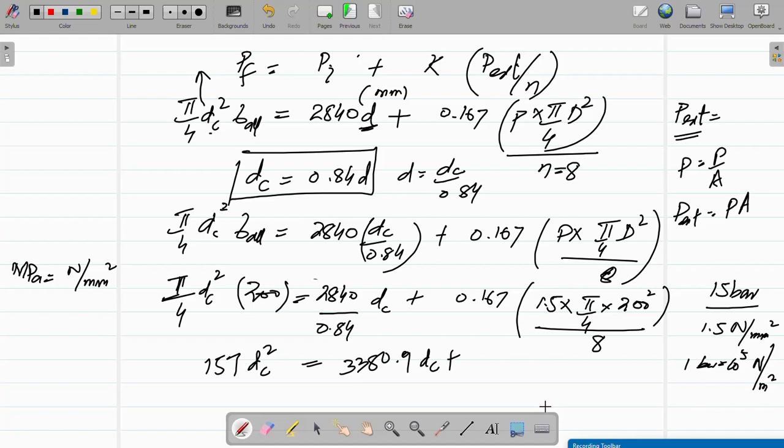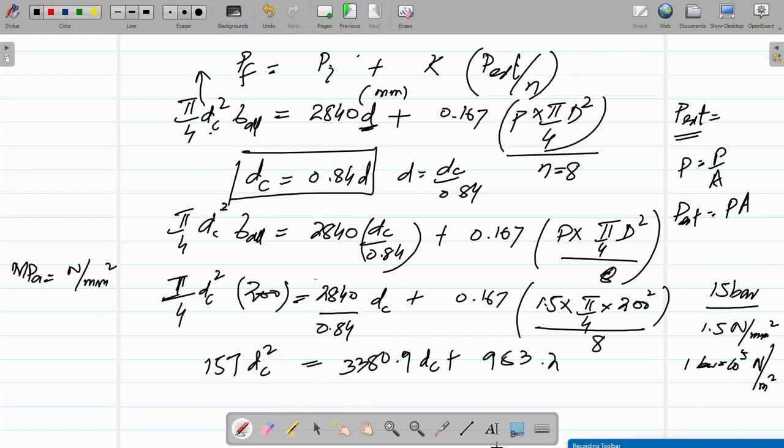So 3.14 into 200 square into 1.5 divided by 8 divided by 4 into 0.167 is 983.2. So 983.2, this is your equation.